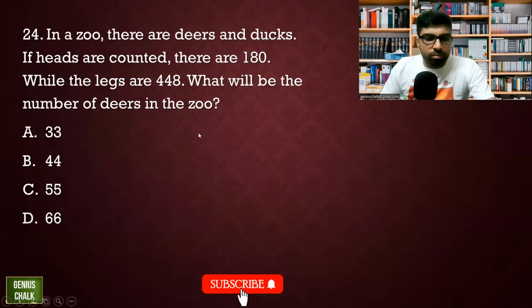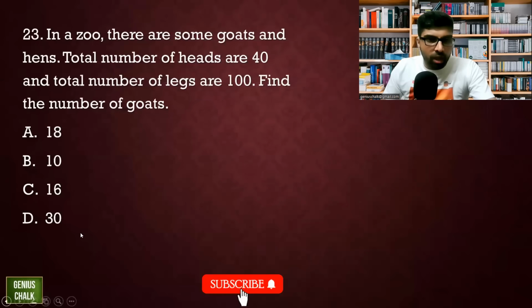Next one, there are deers and ducks. Heads are counted, they are 180. Acha, I forgot to discuss the last method for the last one. Total number of heads are 40. Now let's talk about legs. So if I write here hens, write here goats. So goat has 4, so I can write 2 plus 2.